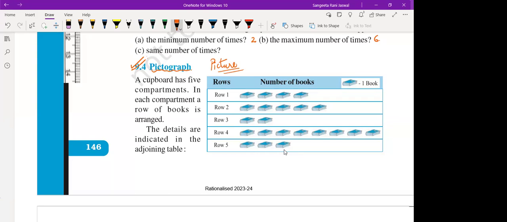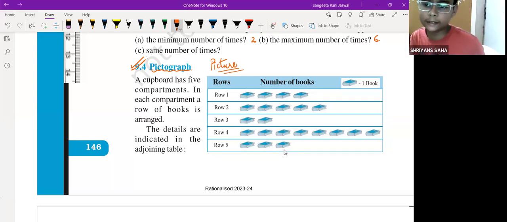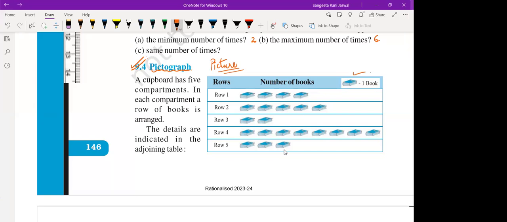Chalo, Shreyansh, you explain what you infer from this table. What do you understand from this table? Well, the names of the rows are there: row 1, row 2, row 3, row 4, row 5. And there are books in picture format to tell us how many books are in each row. On the top left, there is written one picture of a book is equal to one book. Yes, that means one picture represents one book.